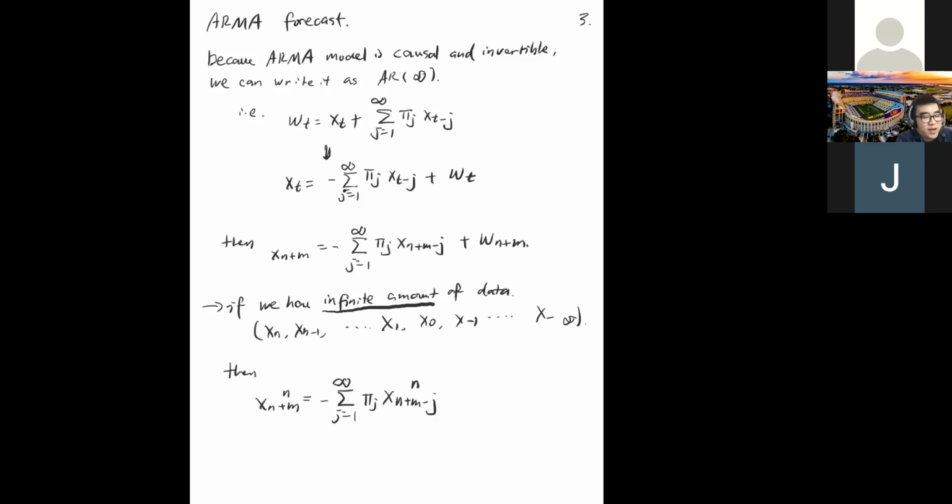In practice, we can never have data all the way to negative infinity. So we will do some truncation. Instead of j from 1 to infinity, we will have j from 1 to n plus m minus 1. Okay, so that's all the data we have.